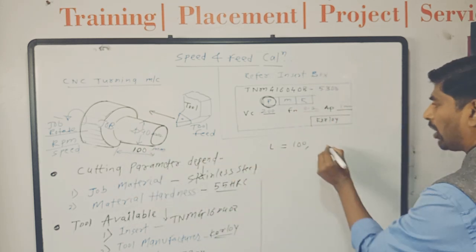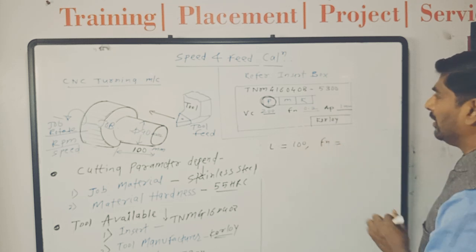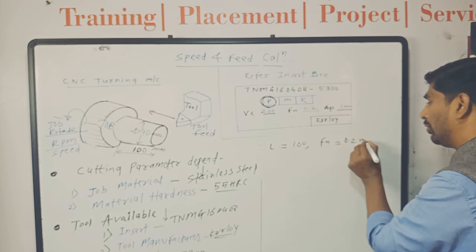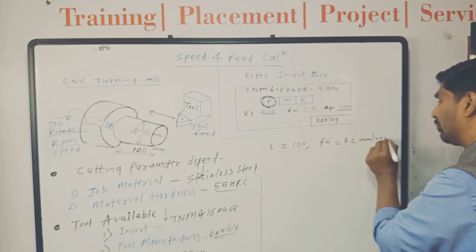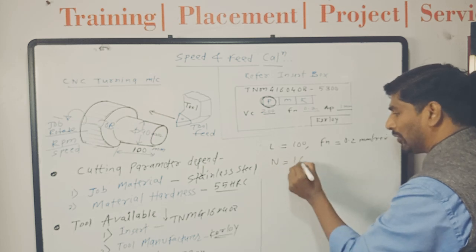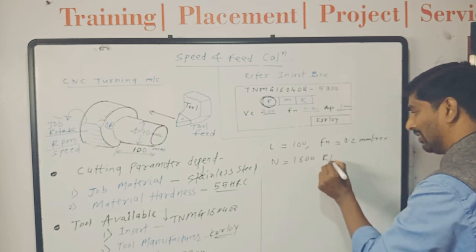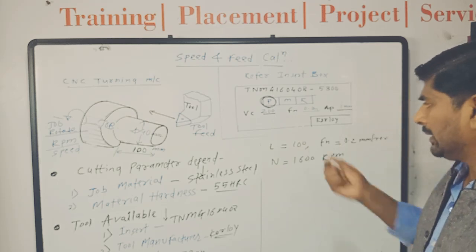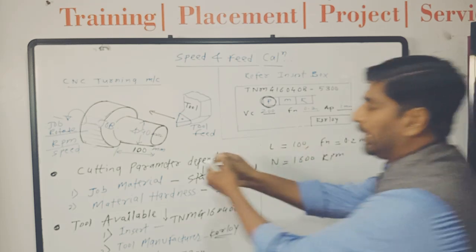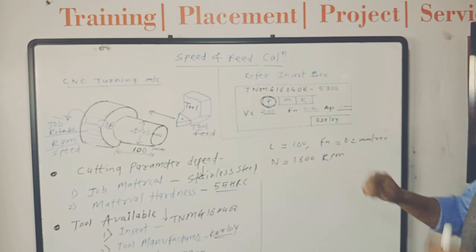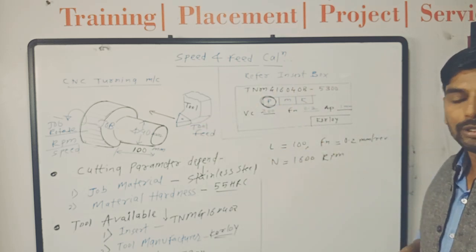Second, at what feed you can cut it. The feed is given here in the insert box: 0.2 mm per revolution. The third thing is the RPM, which we already found and took as 1600 RPM. To find the cycle time, these three things must be known: what is the length to be cut, at what feed the tool will approach, and at what RPM the job is rotating.